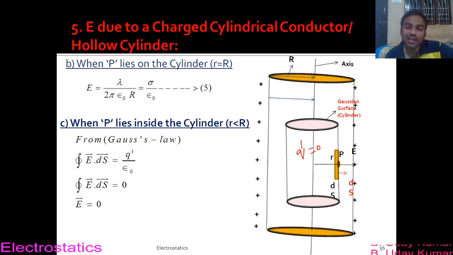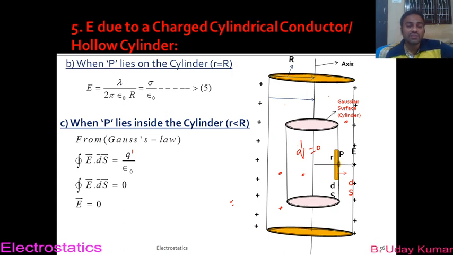Whatever point you want to take inside the cylinder, at that point the electric field intensity is going to be 0 because there is no charge present inside the cylinder.